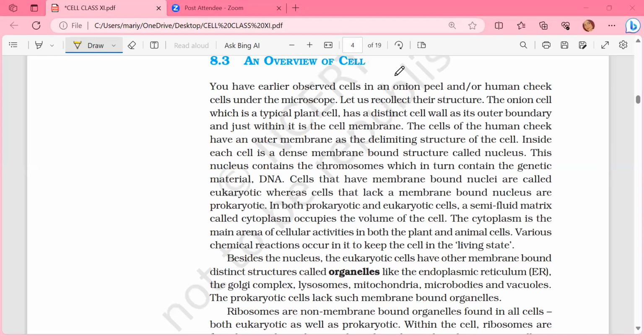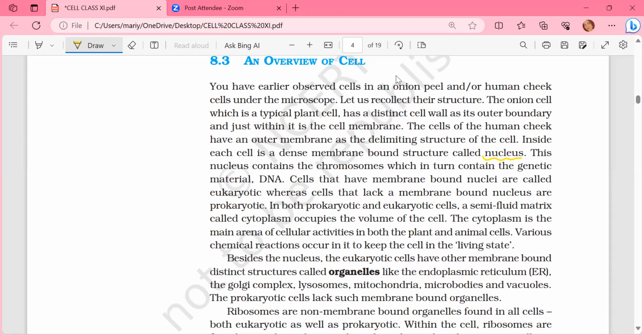Inside each cell, a dense membrane bound structure is there, which is known as the nucleus. As you know, the nucleus is the control house of the cell. It controls all the activities of the cell. Inside the nucleus, chromosomes are present.